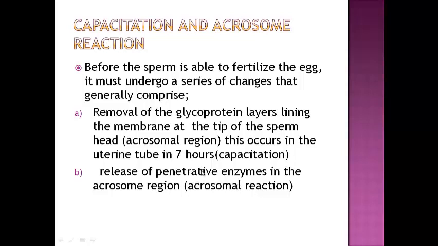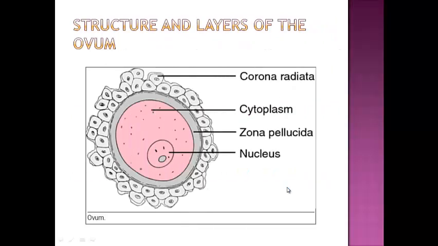So those are the two things that happen: the capacitation, which is the removal of the glycoprotein layer on top of the sperm head, and the acrosomal reaction, which is the release of penetrative enzymes in the acrosomal region.